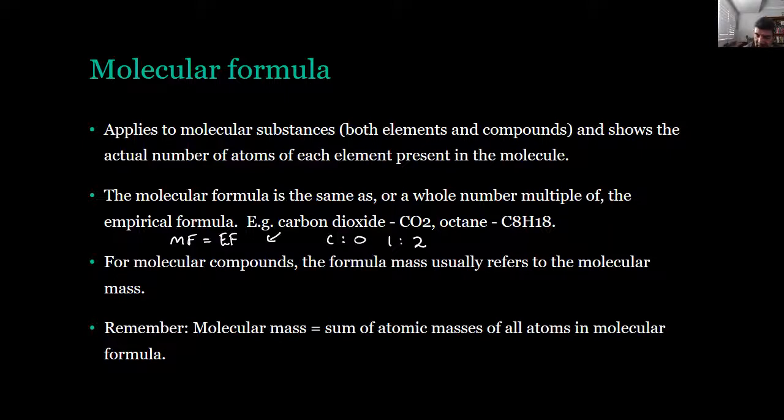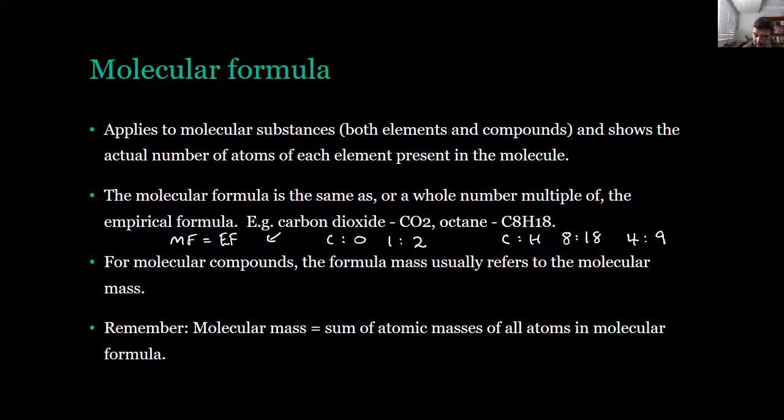However, for octane, the ratio of carbon to hydrogen is 8 to 18. Now, this is not the simplest whole number ratio. We can divide both of these numbers by 2, and we would get a ratio of 4 to 9.